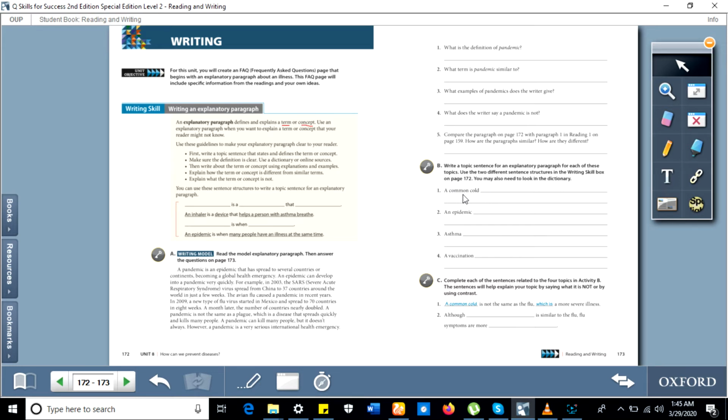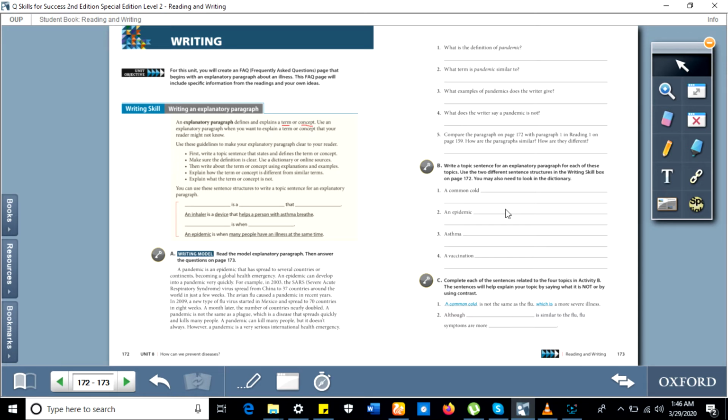Alright, so for example here, a common cold. So you need to use these two sentence structures to create two sentences about this term, a common cold. So first is this one, and the second one is like this. All right.